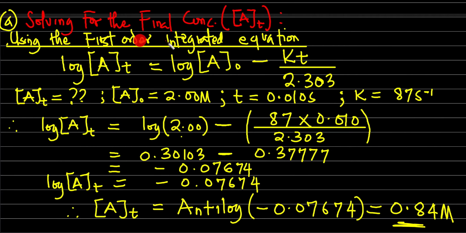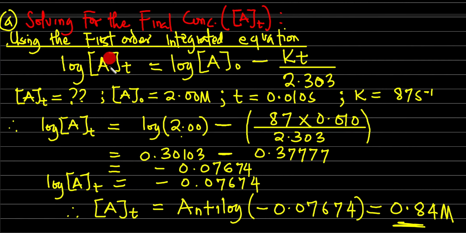So using the first order integrated rate equation, remember that the integrated rate equations for various orders of the reaction are the equations we're going to be making use of in carrying out calculations. For the first order, there are various ways this particular formula can be expressed, but let's just go with this. We have log At equals log A naught minus Kt all over 2.303.